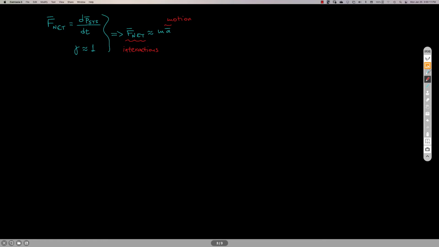Now, what are the steps that you will be following? Of course, you will be drawing a picture and choosing a coordinate system.